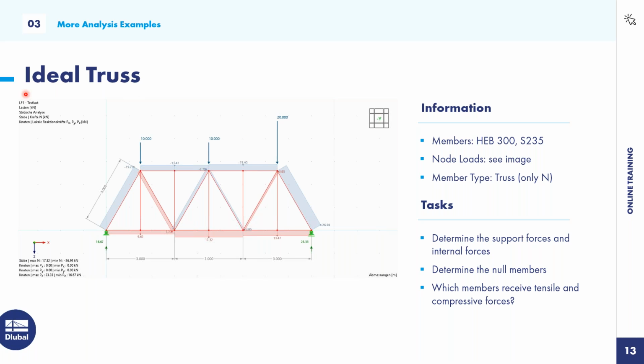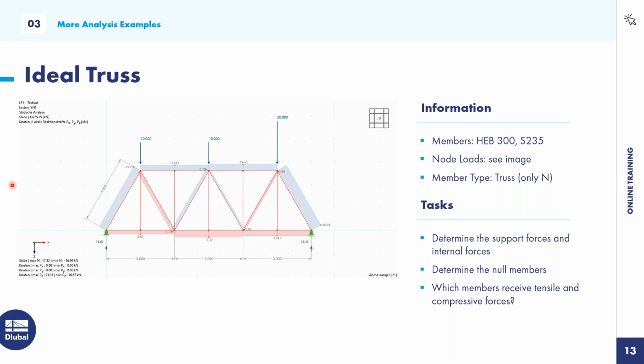So an ideal truss is weightless, straight, only carries normal forces or axial, tensile or compression forces, and all loads are applied on the nodes or on the hinges. Yeah, this is an ideal truss. In reality, we don't have any ideal trusses, but in your study, you'll learn how to calculate these trusses.